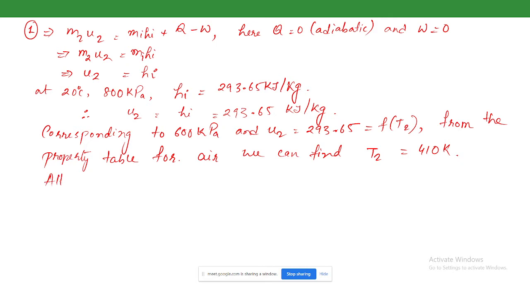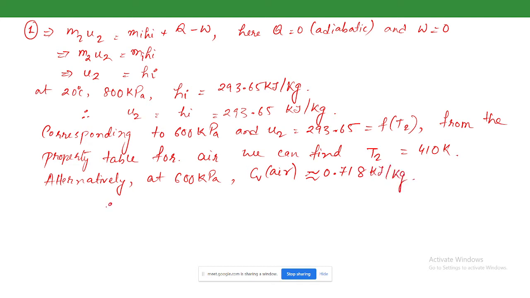Alternatively, 600 kPa is around 6 bar pressure, and the value of Cv for air is nearly 0.718 kilojoule per kg Kelvin.